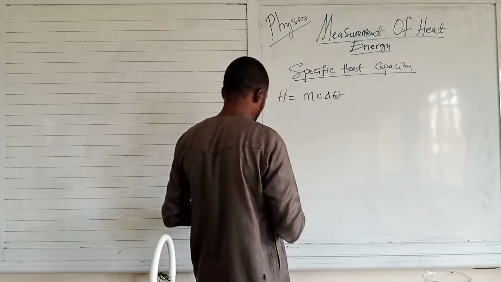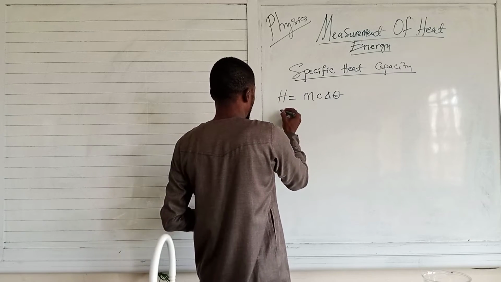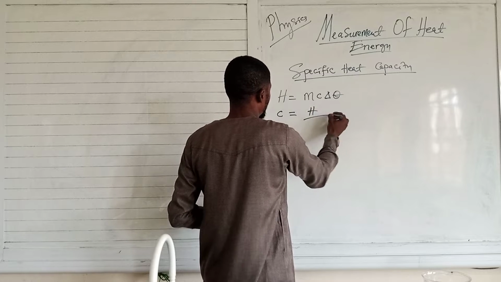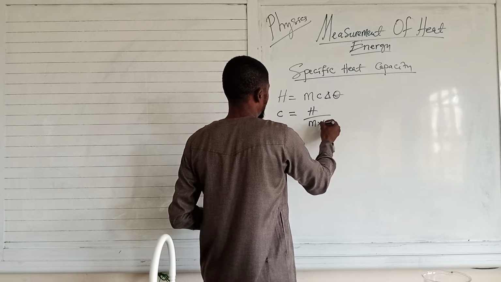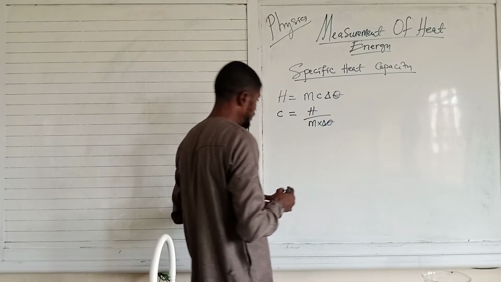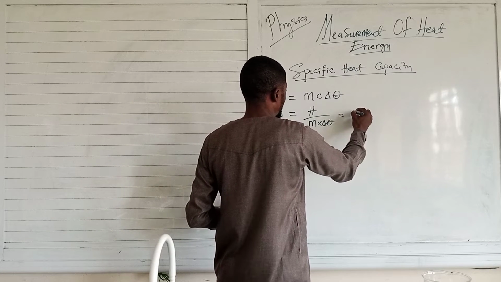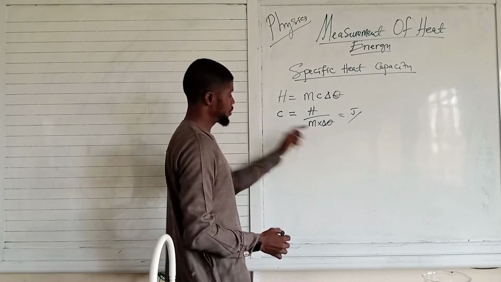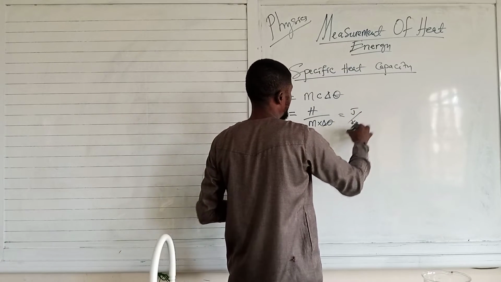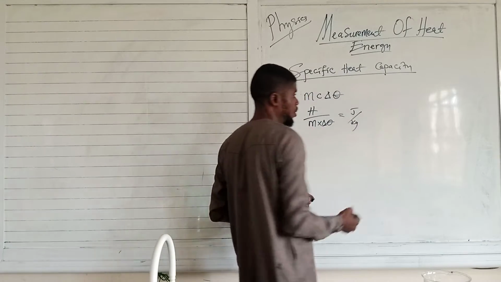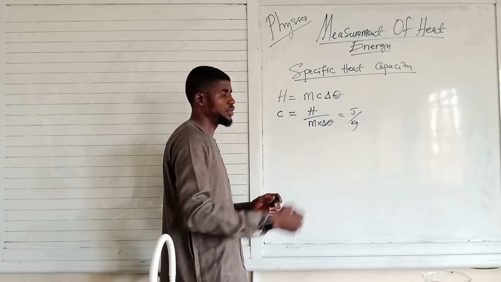So from this equation, we know that c is equal to H divided by mass times change in temperature. Dimensionally, H is measured in joules, mass is measured in kilogram, and change in temperature is measured in Kelvin or degree Fahrenheit or degree Celsius.